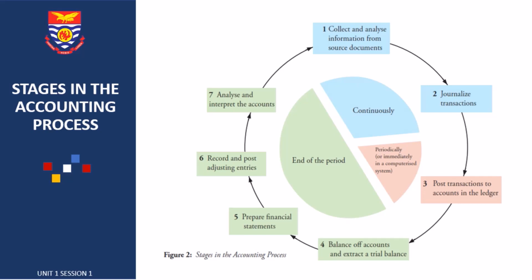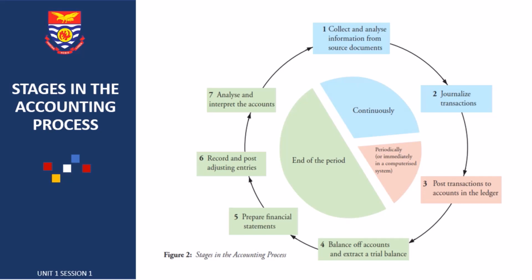Stage 6, recording and posting adjusting entries. At the year end, there could be certain transactions that need to be reflected in the financial statements. So adjusting entries are passed to reflect those transactions.